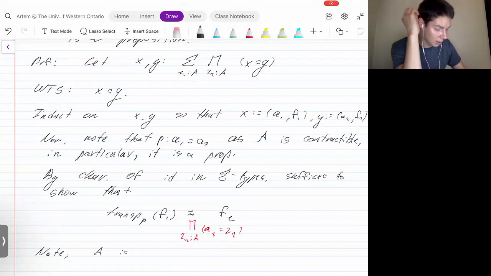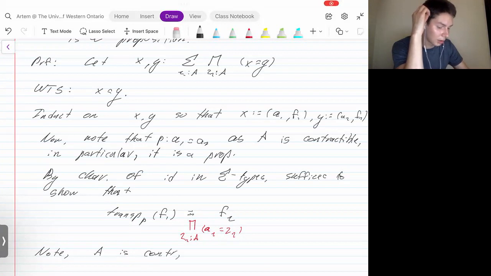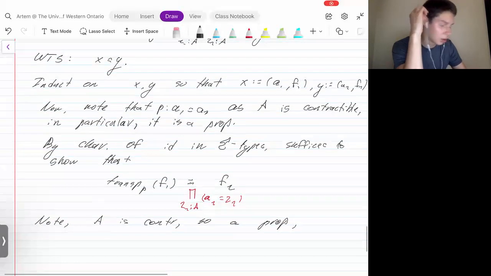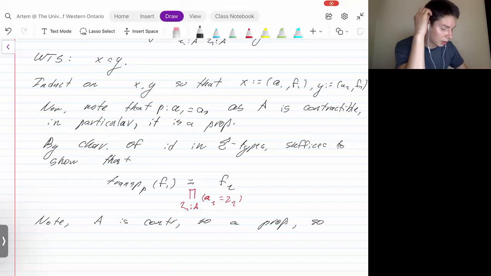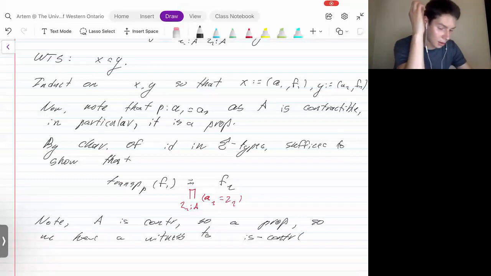A is contractible. One second. A is contractible, so a proposition. So we have a witness to A is contractible, A2 equals Z2.